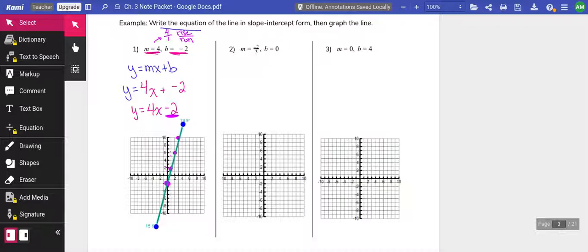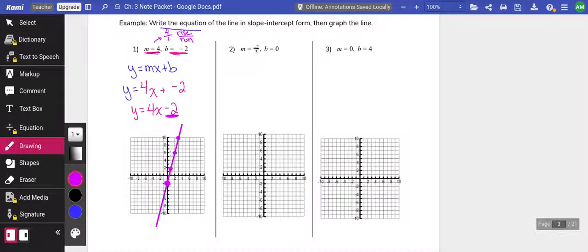Here we go. Make sure that we always draw arrows at the end of our line. And I like to label my line y equals 4x minus 2.